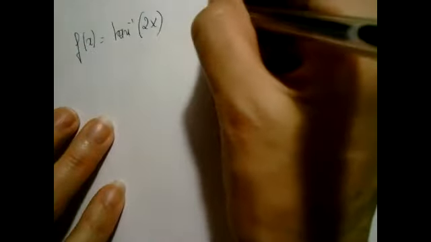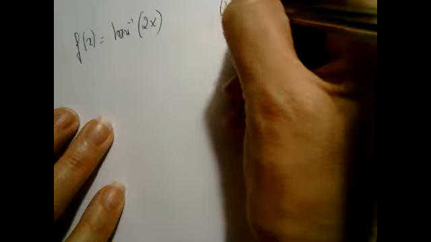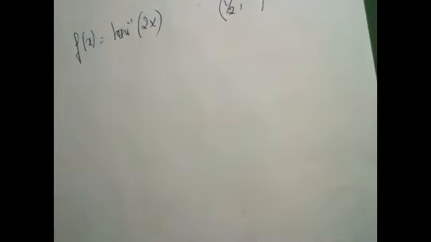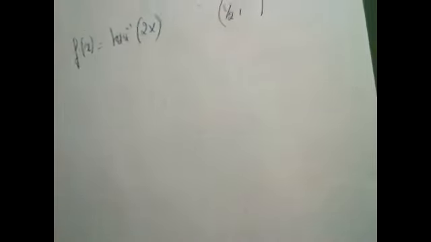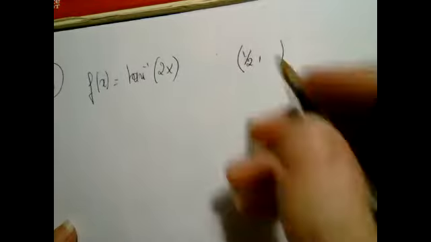Okay, so we have the function f of x equal tangent inverse of 2x. And they want me to find the equation of the tangent line at the following point, a half. I don't want to read the other one because we don't really need it. So f at 1/2.